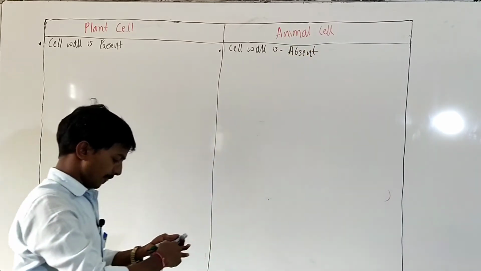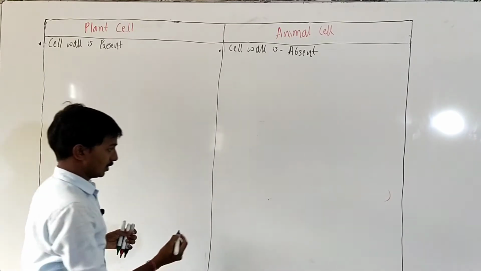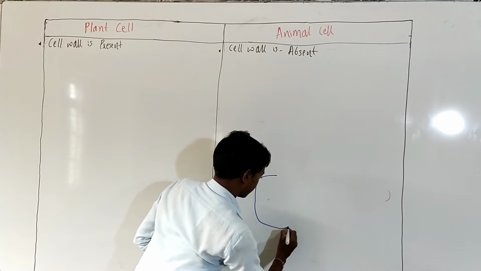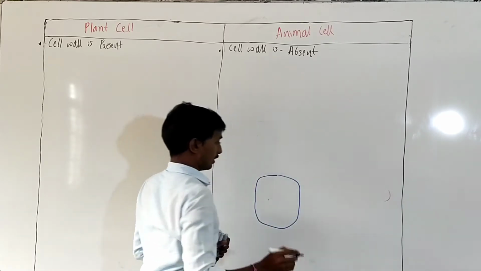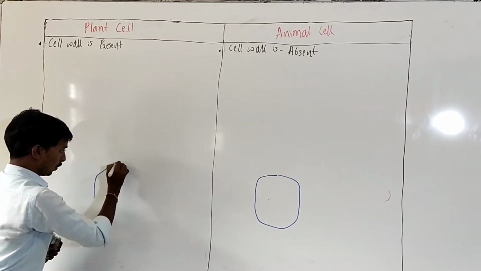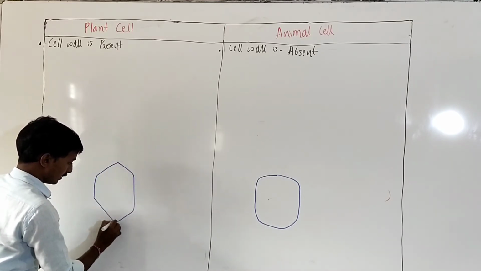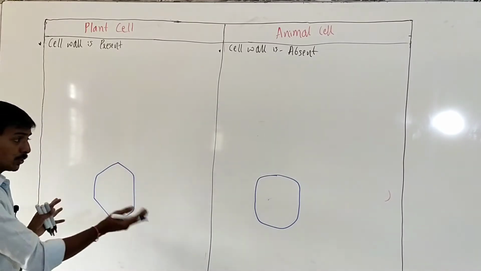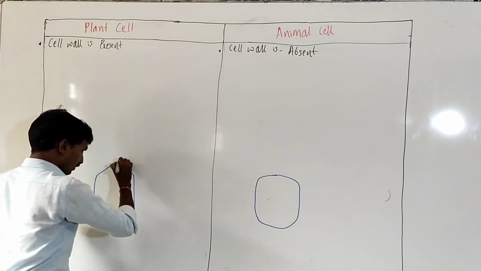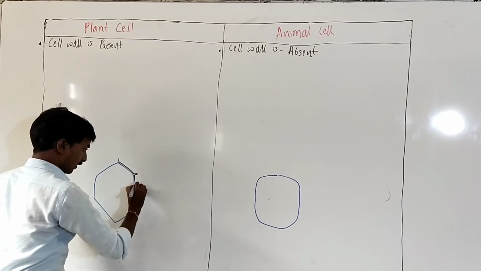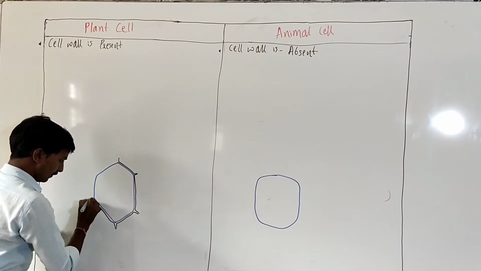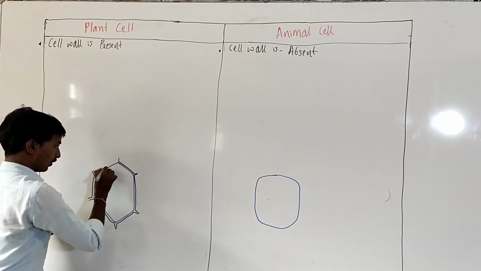Of course, the cell contains the cell membrane. The plant cell also has a cell membrane, but in addition to the cell membrane, the plant cell contains the cell wall.